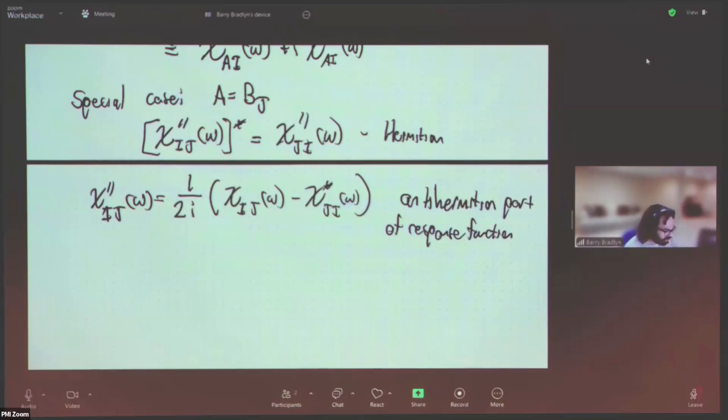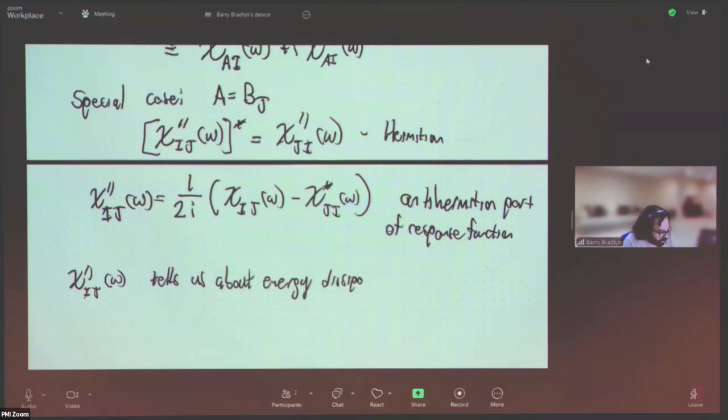Chi double prime tells us about the power that is dissipated by a perturbation. To see this, what we can do is consider the work that we do on our system by applying our perturbation.